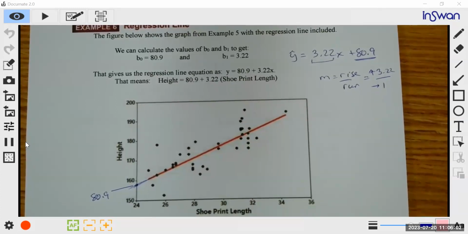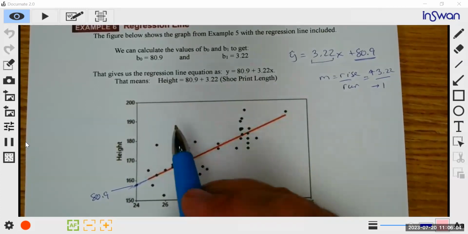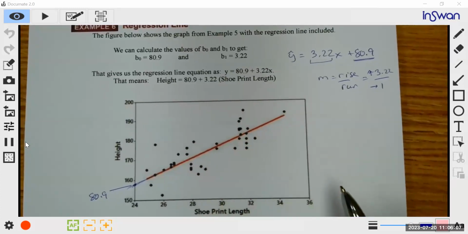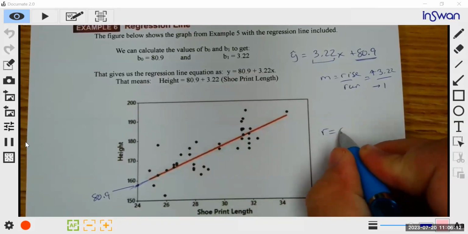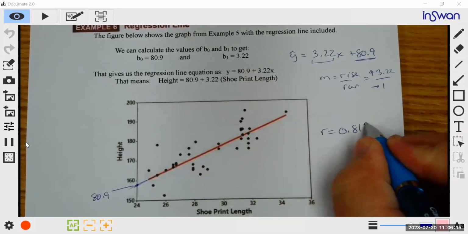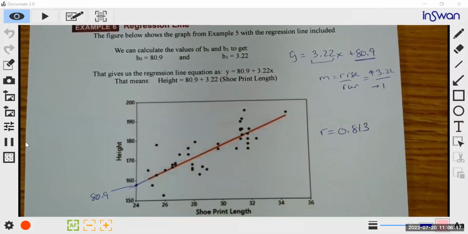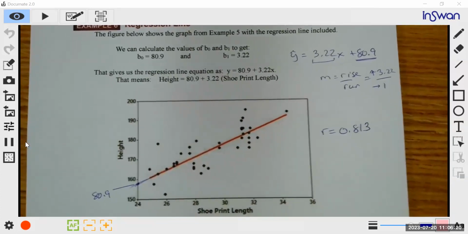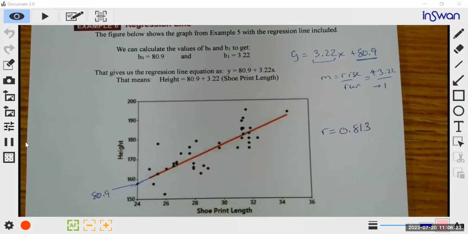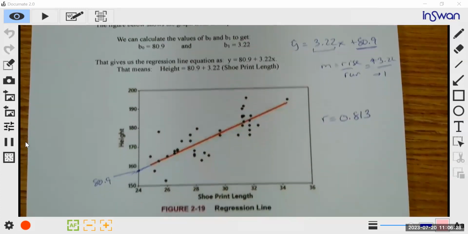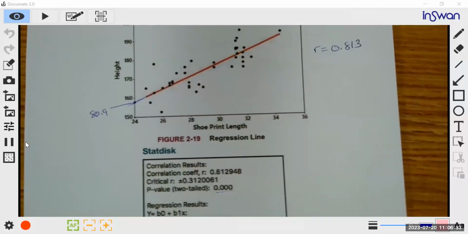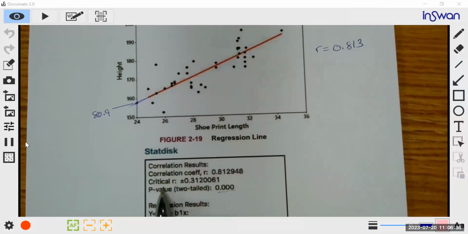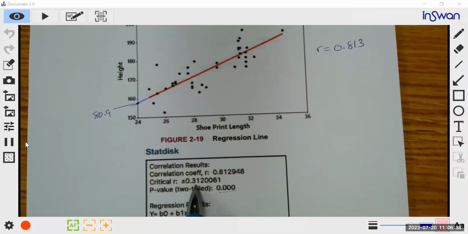But looking at this, what do we notice? The data is pretty far apart. The R value of this is 0.813. So do we say it's a strong correlation, weak correlation, mild correlation? The p-value is 0.0. Very good. But the critical R, which is more important, is 0.312.